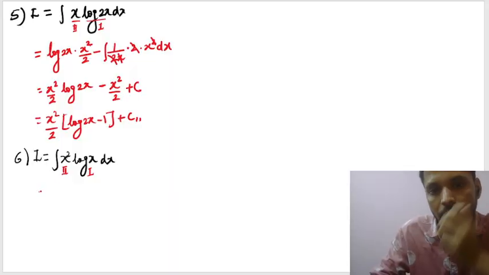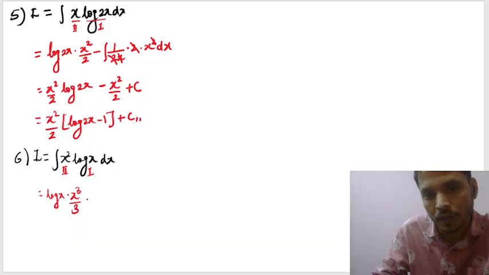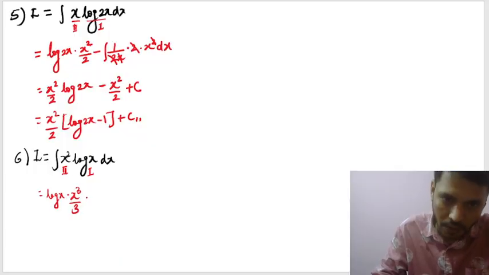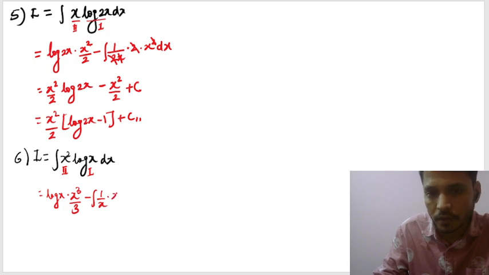That means here it will become first function outside, log x, and integration of x square is x cubed by 3. And here then minus, inside integration, derivative of the log x is 1 by x, and x square integration is x cubed by 3, into dx.